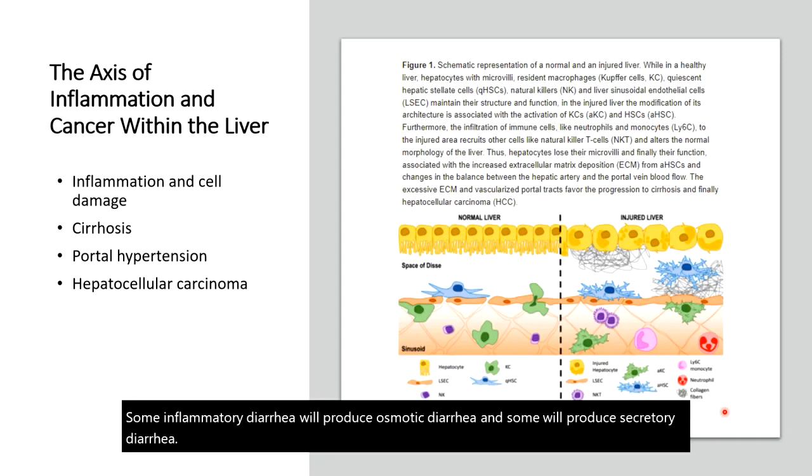The hepatic stellate cells, also natural killers, all of them in the space of Disse, will start the inflammation, and after that, they will be responsible at the end for forming fibrosis and then cirrhosis of the liver.